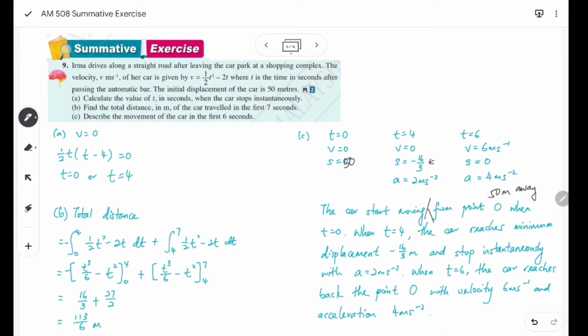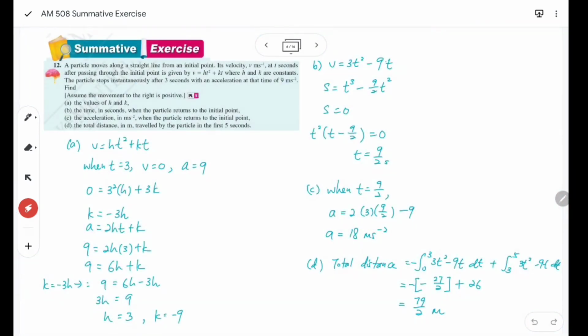When t equals 4, the car reaches a minimum displacement of negative 16 over 3 meters and stops instantaneously with an acceleration of 2 meters per second squared. So when t equals 6, the car reaches back to point O with a velocity of 6 meters per second and an acceleration of 4 meters per second squared.